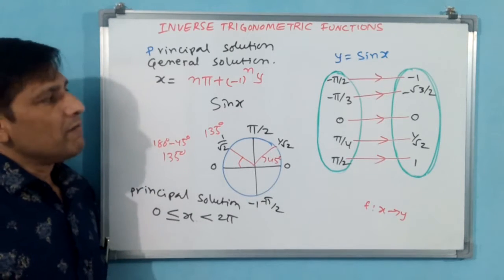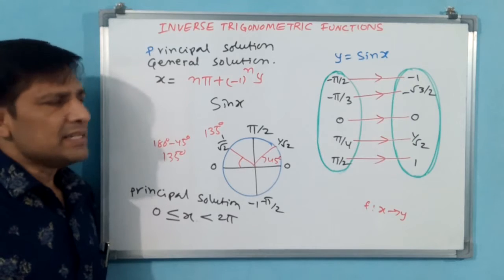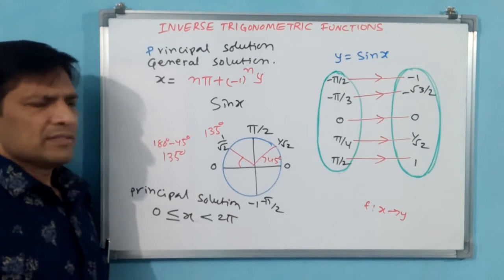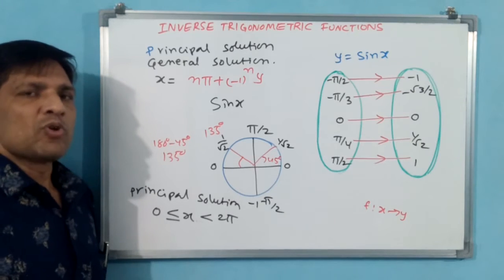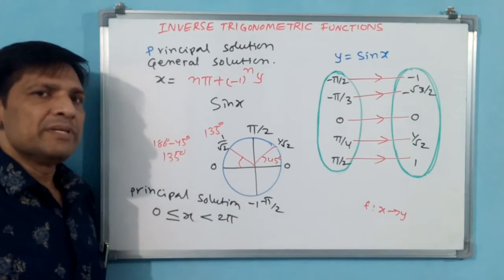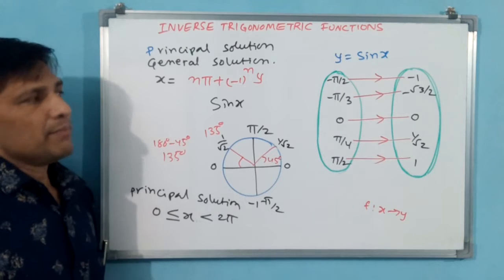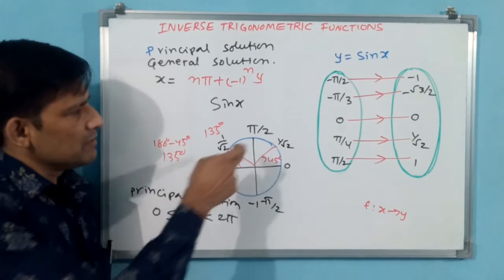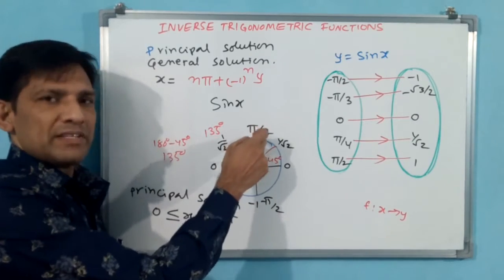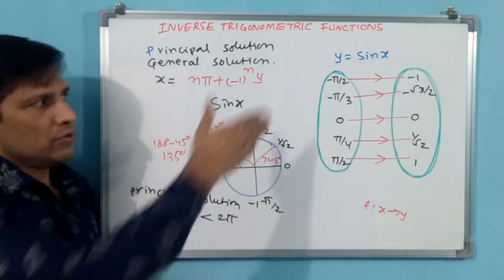Another one. Whether it is yielding the result minus 1 to 1? Why? Because we know whatever input you give, the range of sin x will be minus 1 to 1. But do all results from minus 1 to 1 come? Yes, definitely all are coming, including 0.